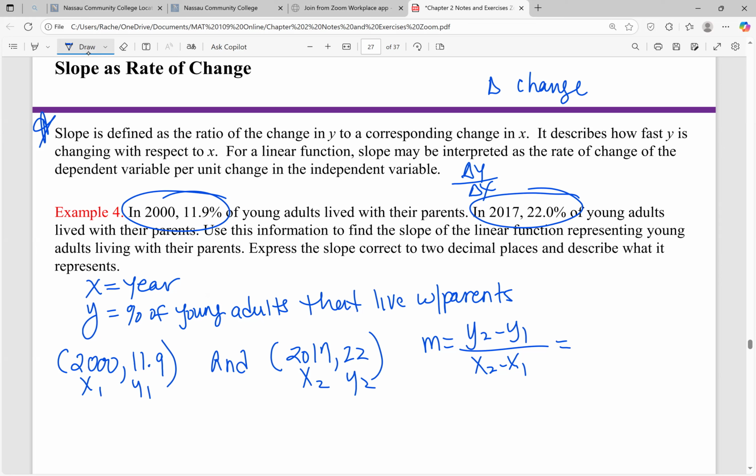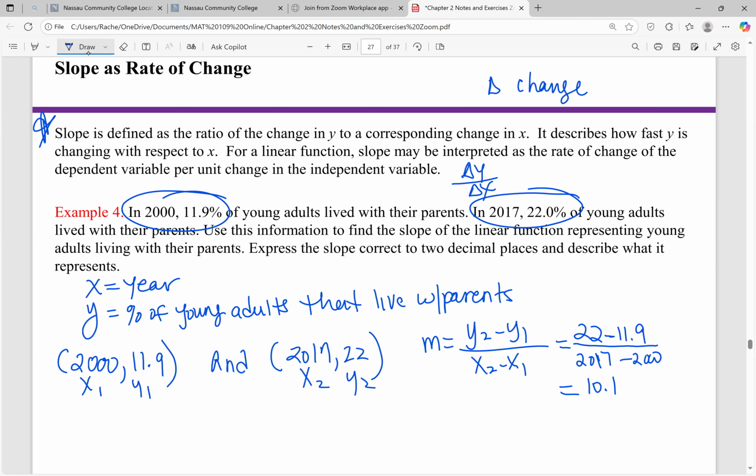So y2 minus y1 is going to be 22 minus 11.9. And we're going to divide that by x2 minus x1. So 2017 minus 2000.